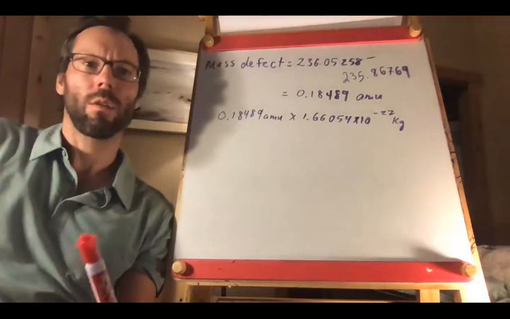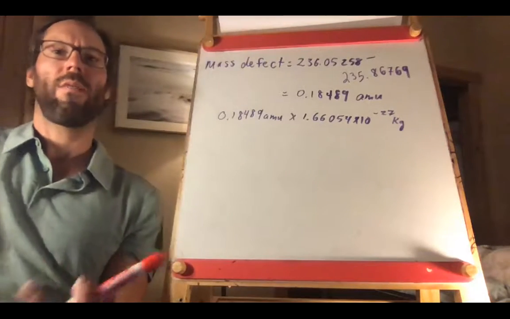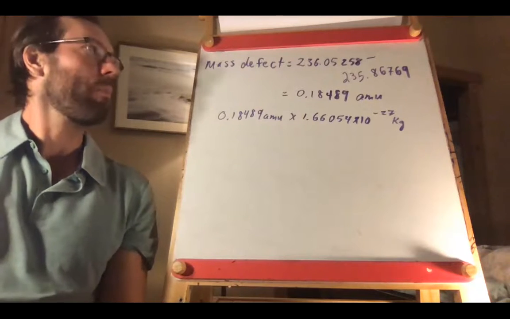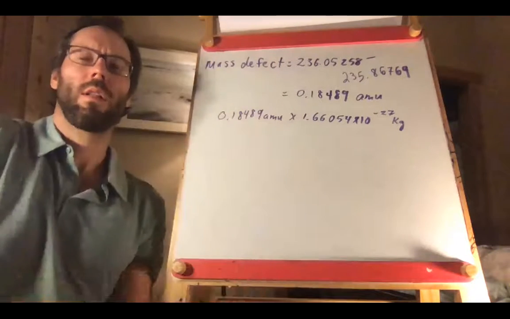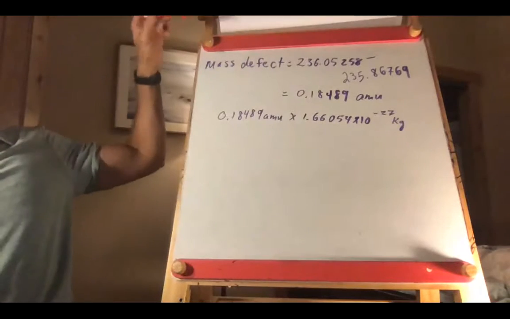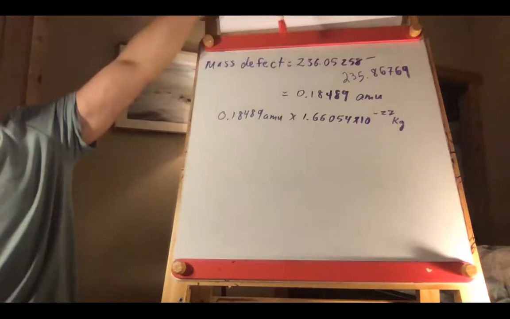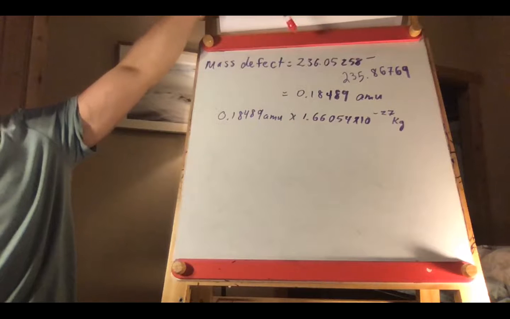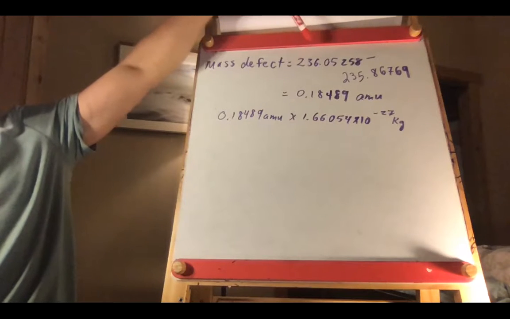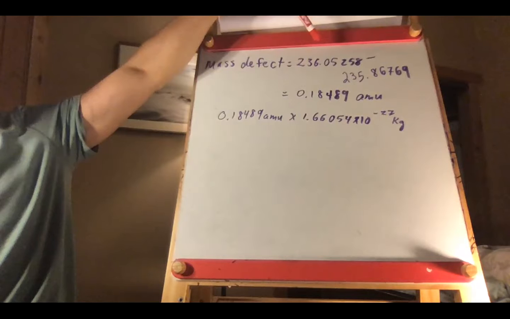Okay, so to start with, we have to figure out the mass defect. For that problem, we said that for uranium-235, it was 236.05258.